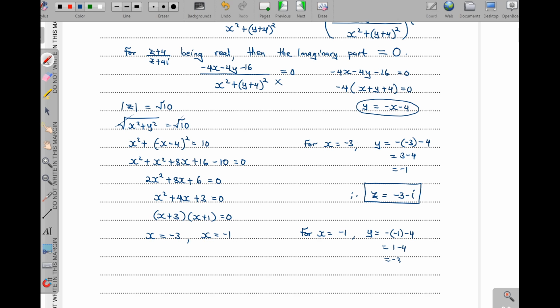You get a negative 3. Okay, so this simply implies that our z is going to be equal to, the x coordinate is negative 1, and then the y is minus 3. So we have negative 1, then minus 3i. So those are the two z values that we are getting from here.